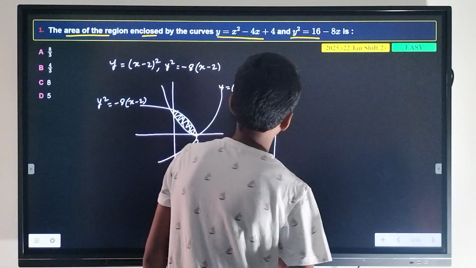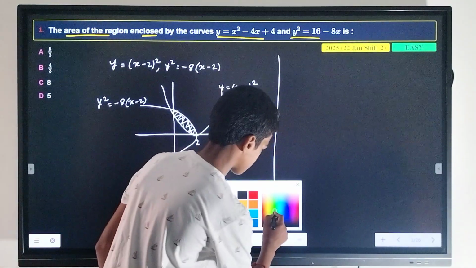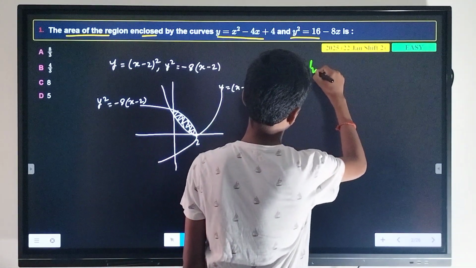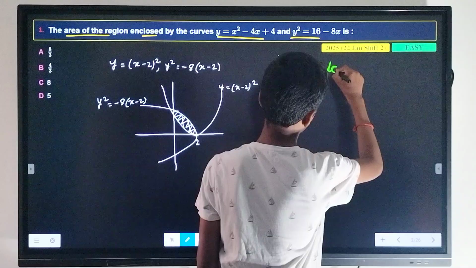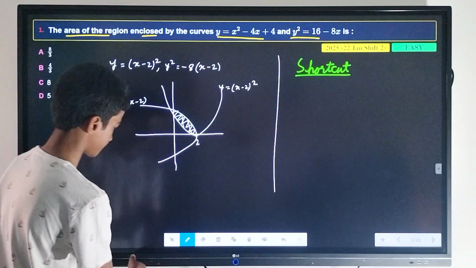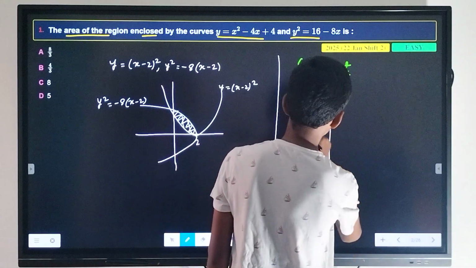So there is a shortcut to solve these type of problems. So suppose we have two parabolas.